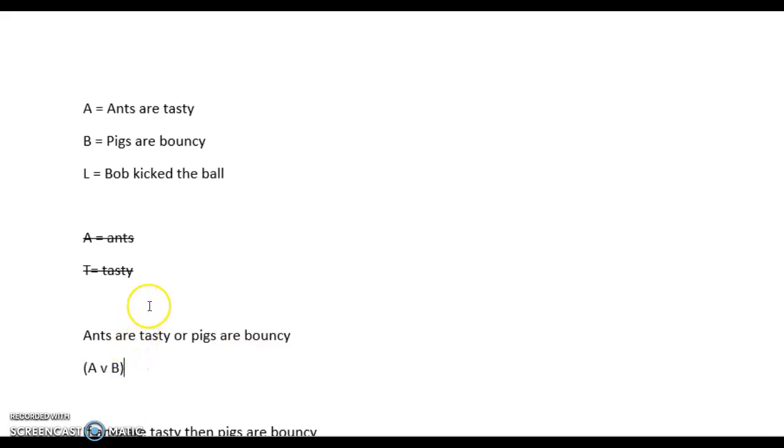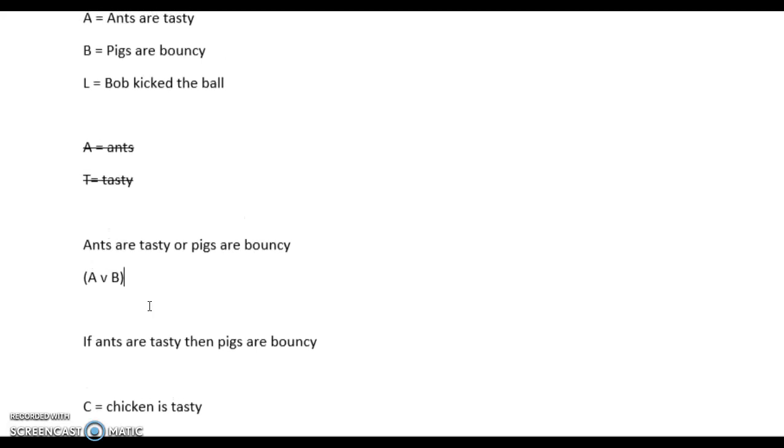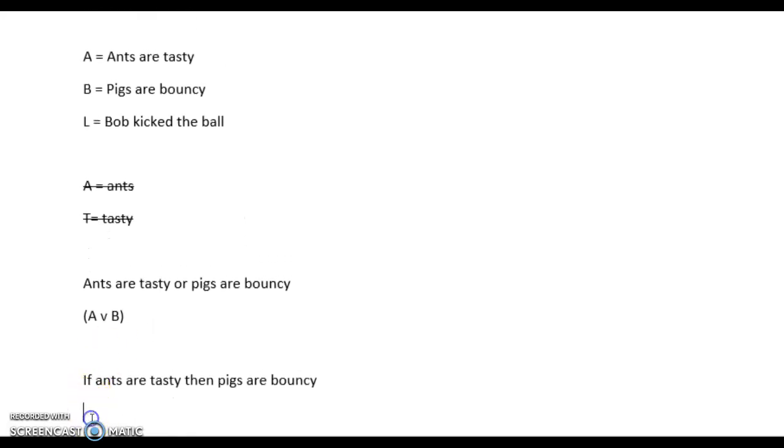Then if we go down, we see another example here. If ants are tasty, then pigs are bouncy. So let's write that out. So sometimes I also see students, for instance, saying A equals ants if ants are tasty. Okay.